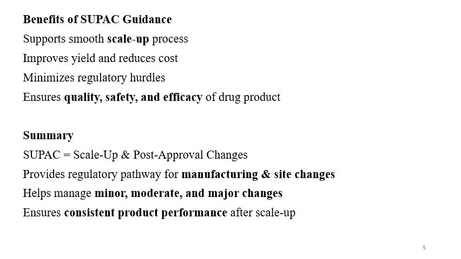Then in summary, the SUPAC guidelines are there to provide the guidance for the manufacturing and site changes, composition and component changes, manufacturing process changes, scale-up changes. It helps to manage minor, moderate, and major changes to the drug product after approval, and it ensures consistent product performance after the scale-up.